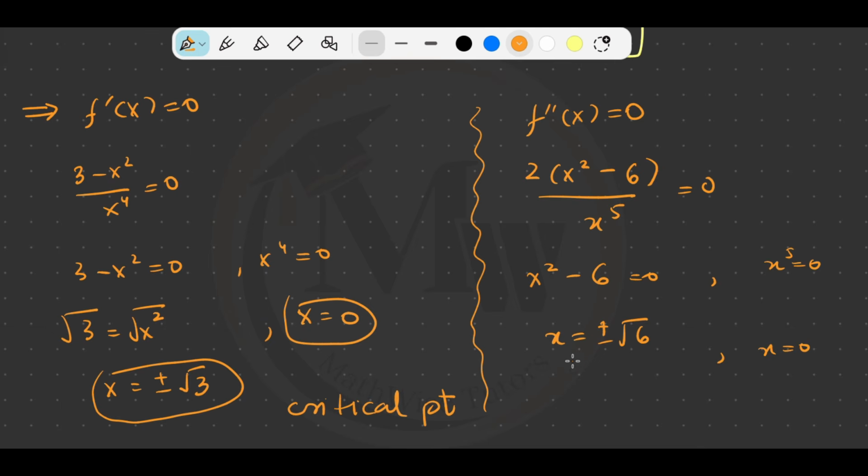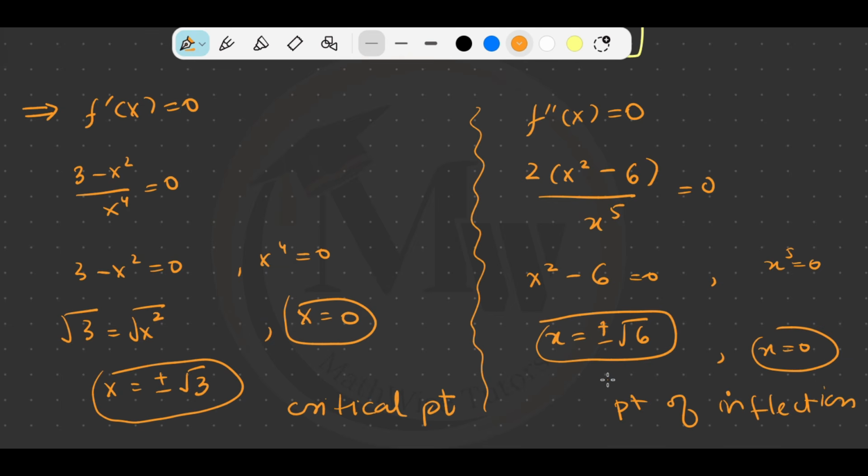So these are the three values, and these are the points of inflection. Points of inflection tell us where the function changes its concavity, positive to negative and negative to positive. That's why points of inflection help us to identify the concavity, and critical points help us to identify the relative extrema.